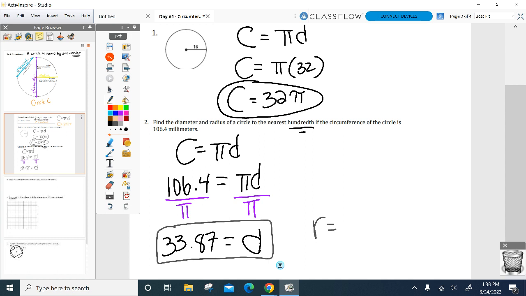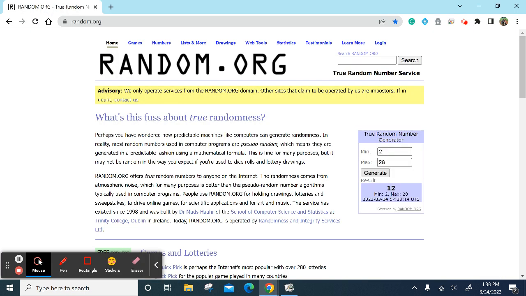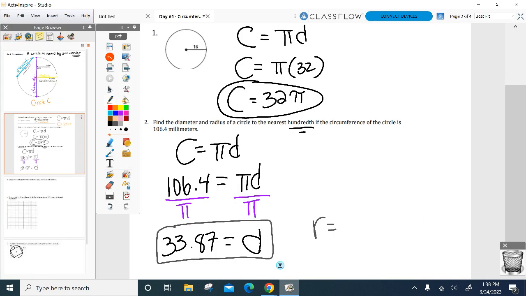So make sure if you're dividing or maybe multiplying by 2, you use the answer in your calculator, not the rounded answer. We use a more exact answer. So dividing your calculator by 2, radius, 16.93. All good? Any issues? All right, let's keep grinding.